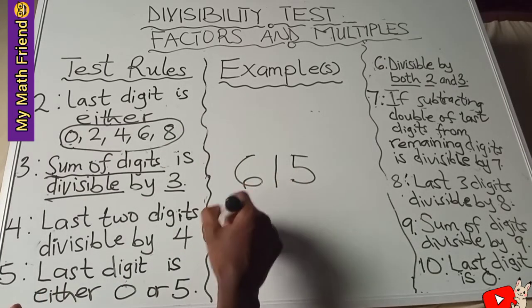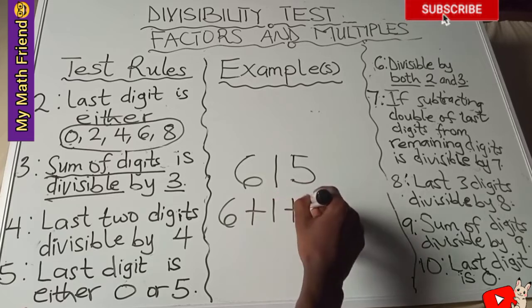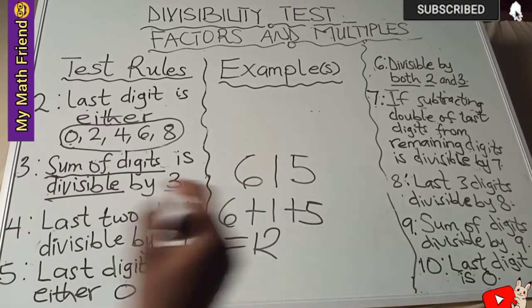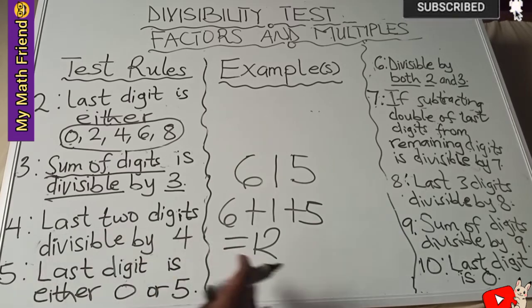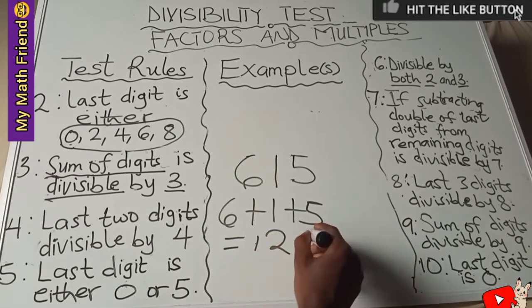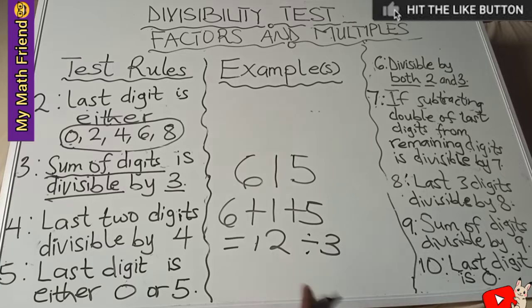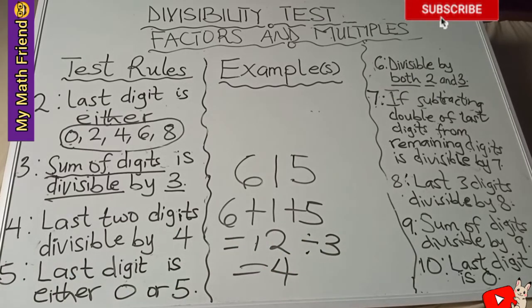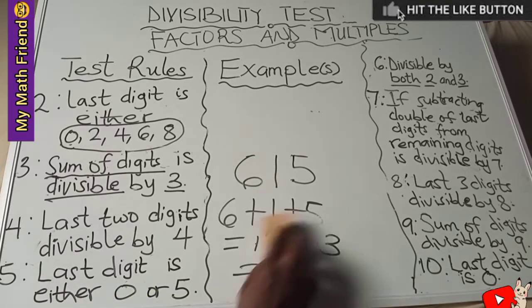Let's sum the digits up: 6 plus 1 plus 5. 6 plus 1 is 7, plus 5 is 12. Is 12 divisible by 3? How many groups of 3 go into 12? That's 4, exactly, without a remainder. So we say that 615 is a multiple of 3, or is divisible by 3, or 3 is a factor of 615.